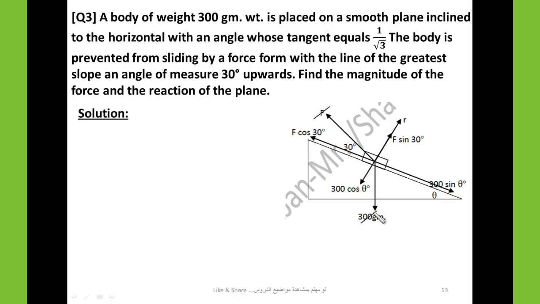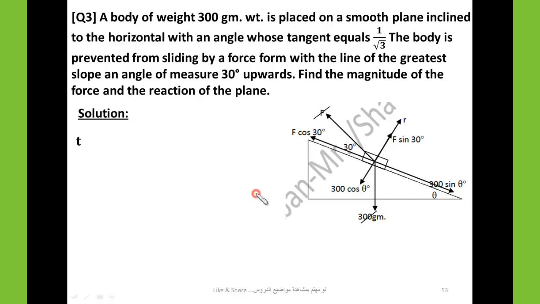And we factorize 300 gram weight into two perpendicular directions, 300 cosine theta and 300 sine theta. So now we have 4 directions, and the body is in equilibrium.